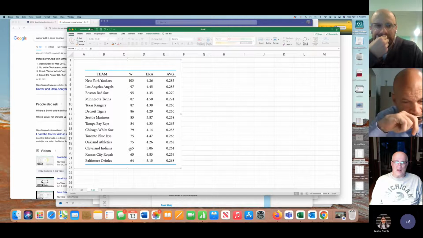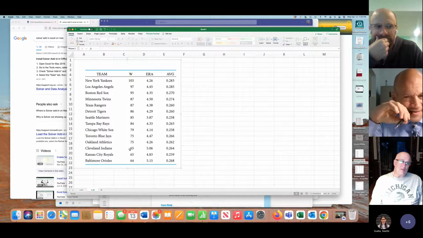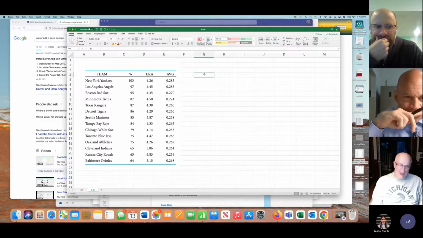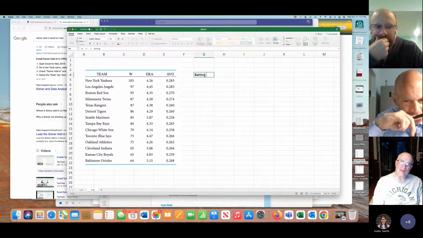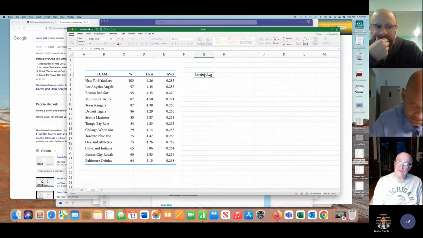Average height, average weight, average IQ? Here it's batting average: the number of times a person comes to the plate and gets a hit. Having a mathematics background, I'm going to call it batting average to make it clear what it is. And this is ERA, earned run average.